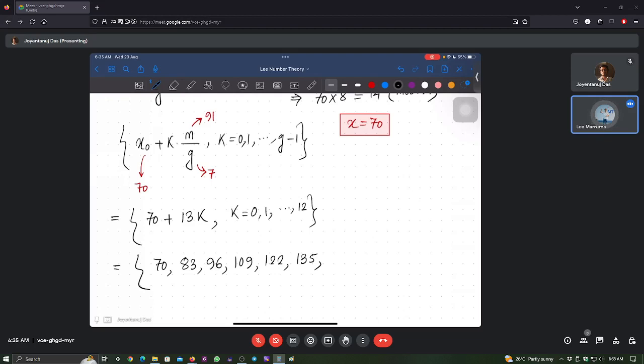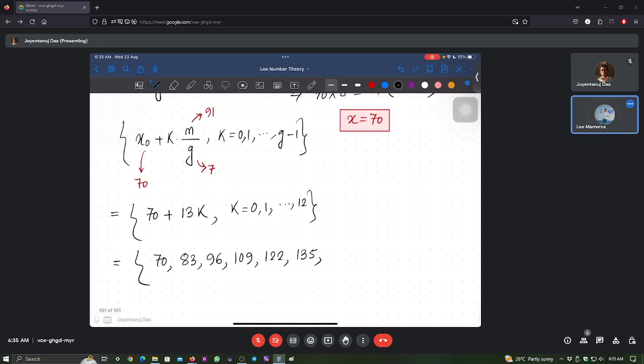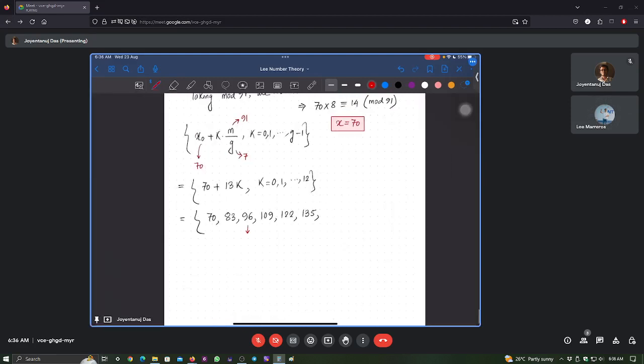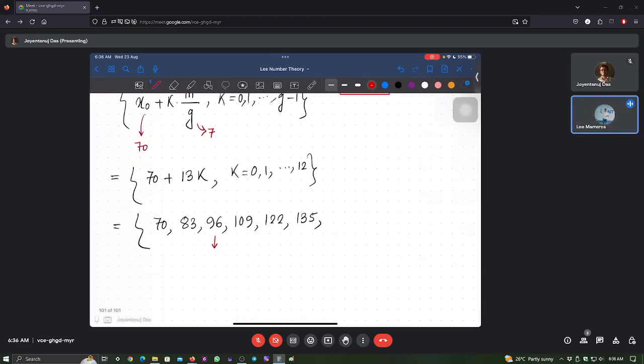At a certain point we need to go back below 91, so we have to reduce them modulo 91, so we never go beyond 91.